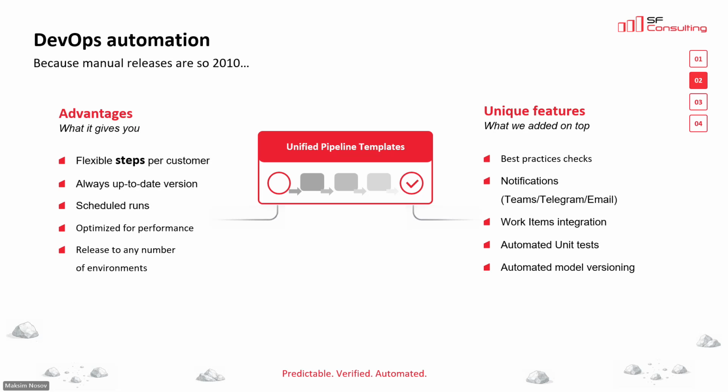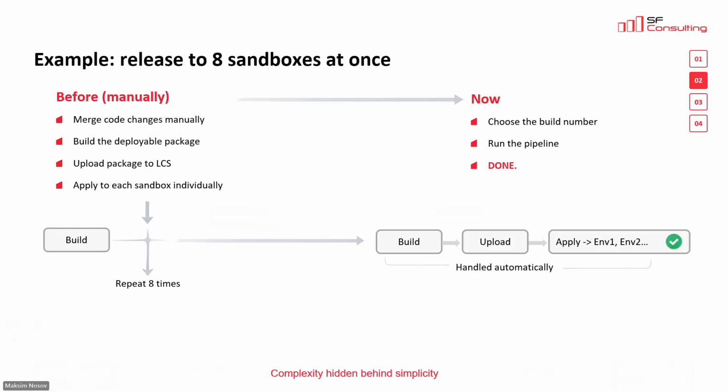So let me quickly share with you a real-life example. One of our international clients has 8 test sandboxes, and previously their release process contained numerous manual steps, from building the package to uploading it to LCS and then spreading it across all 8 sandboxes.